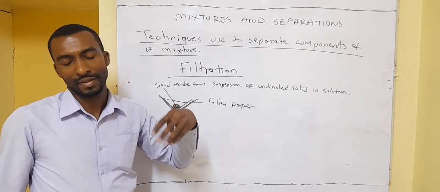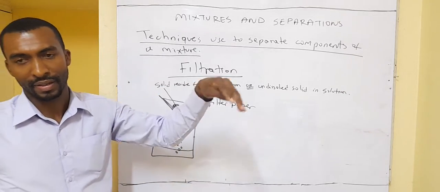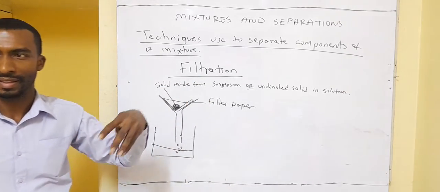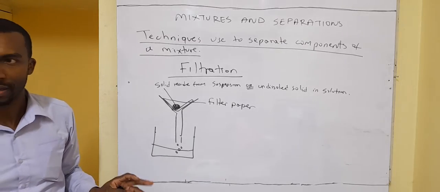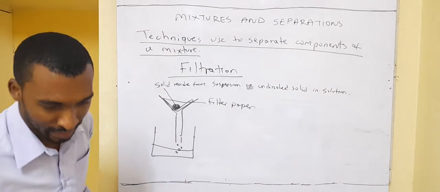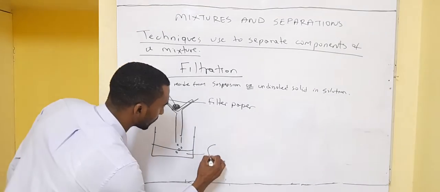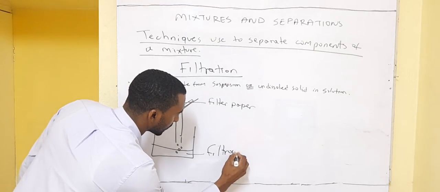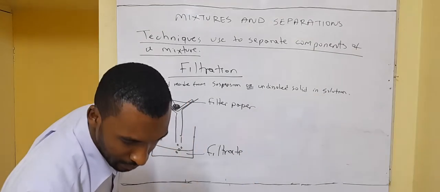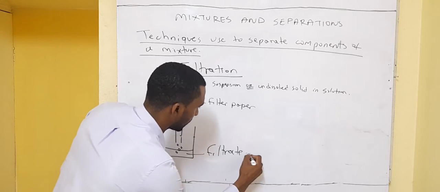But if I have undissolved particles in a solution, that aspect is not really classified as a solution, right? And then here is the filtrate. This is the liquid.